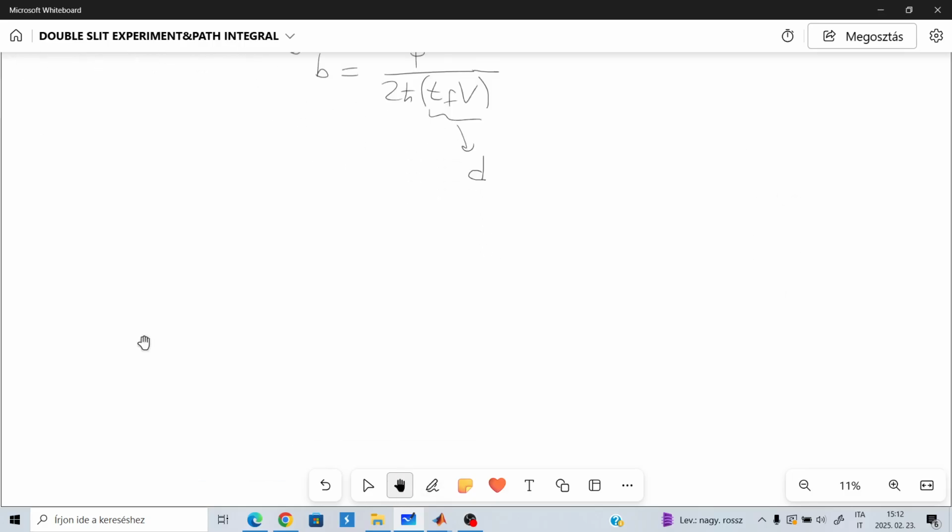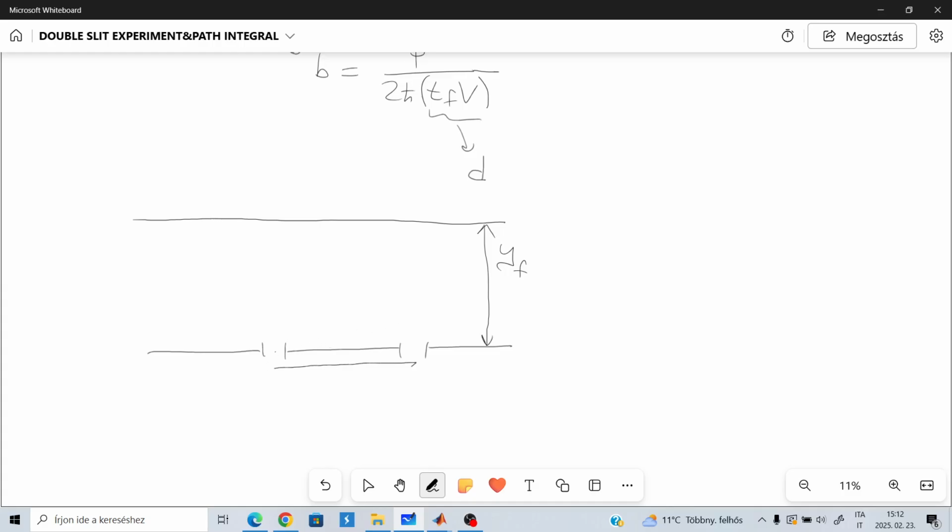Now, if we sketch our system, here we have the plate with the two slits. Remember that these slits are very small, and we assume that the wall is located at a distance yf, and let me also remind you that here we have the distance between the two slits, which is delta. Now we assume that yf is much larger than this capital delta, right? And what does this mean?